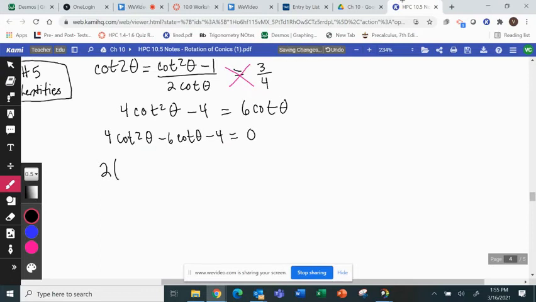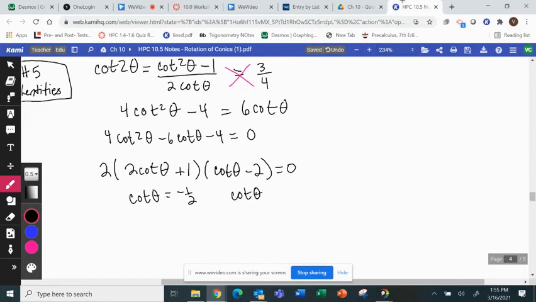This is how it factors: 2 cotangent theta plus 1 times cotangent theta minus 2. So I get cotangent theta equals negative 1/2, and I get cotangent theta equals 2.